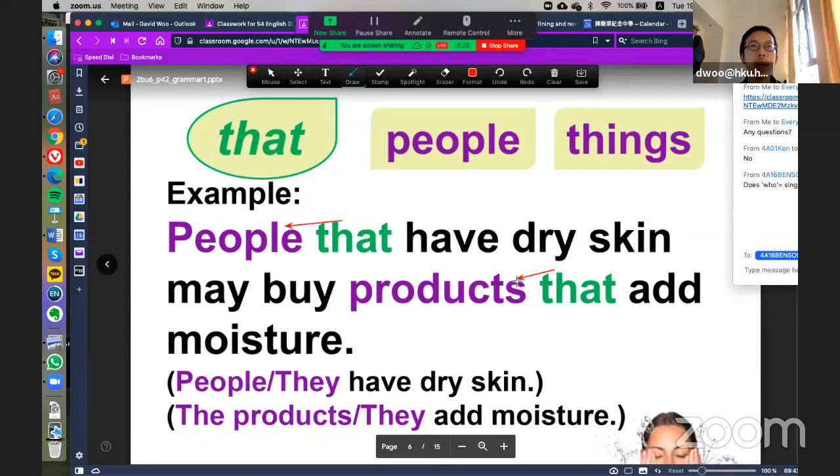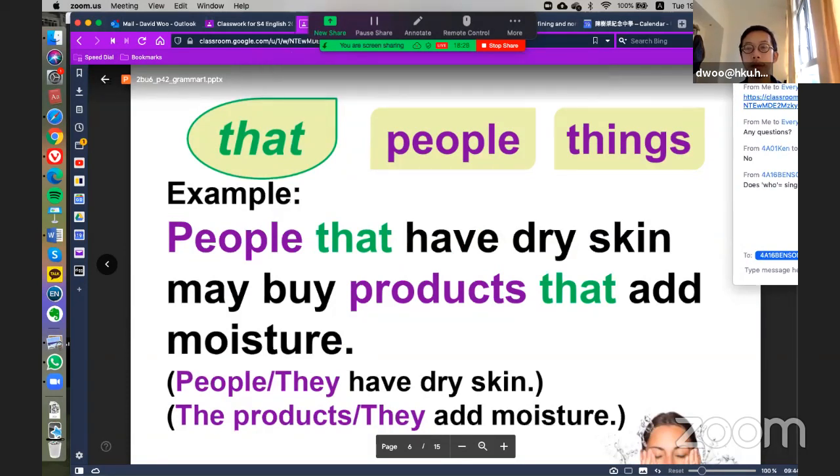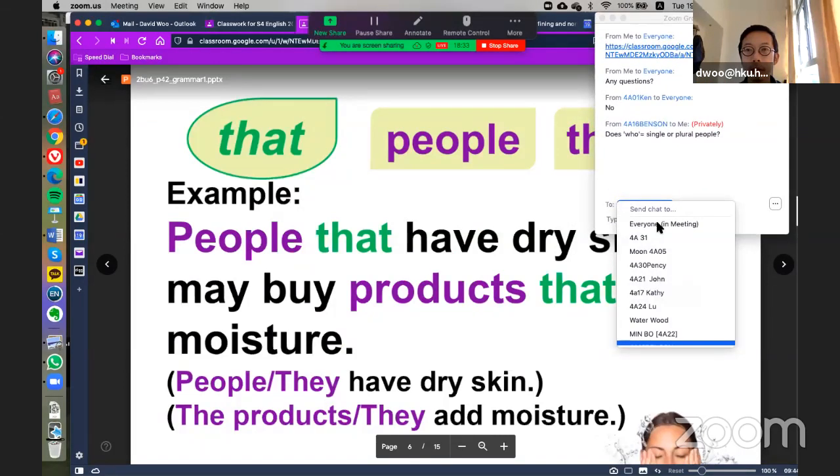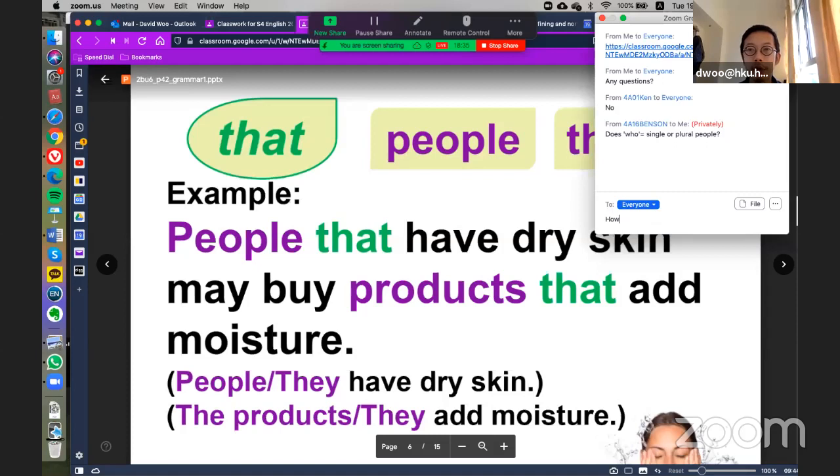Now question, how many clauses are in this sentence? I'm going to get to your question after this question, Benson. How many clauses are in the sentence? People may buy products that have dry skin made by products that add moisture.